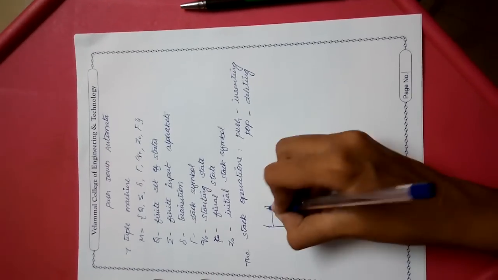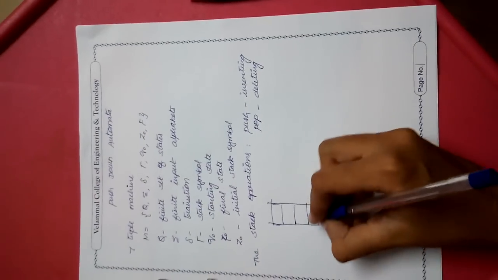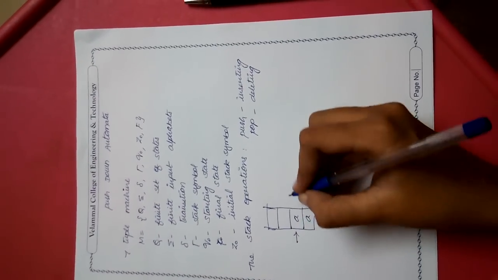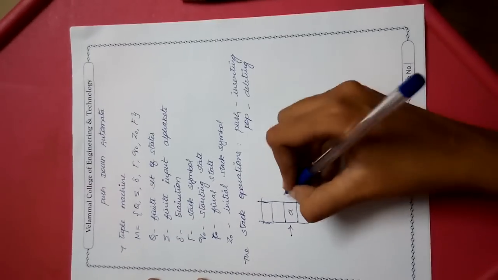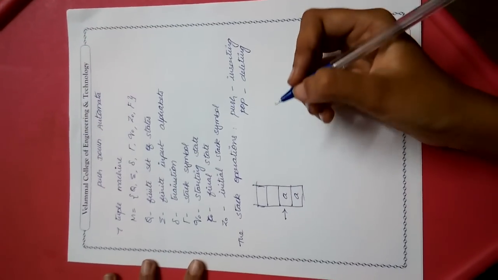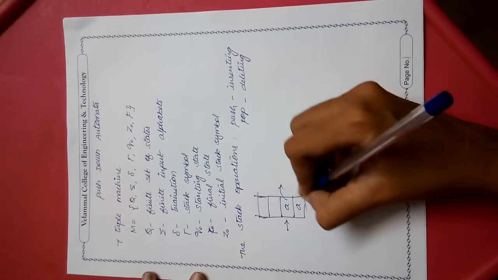This is an example stack. Elements can be pushed, and here is the top of the stack, and based upon the operation performed on the stack, elements can either be pushed into the stack or it can be popped out from the stack.